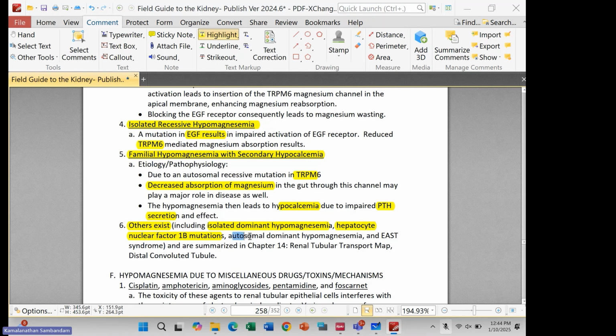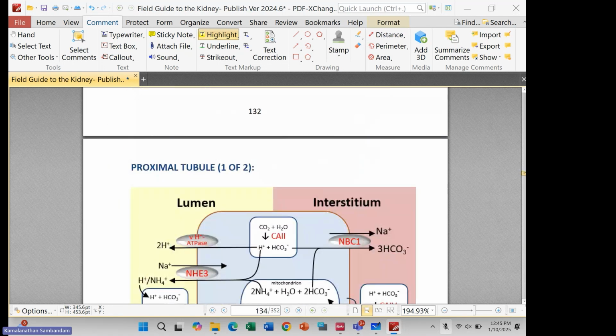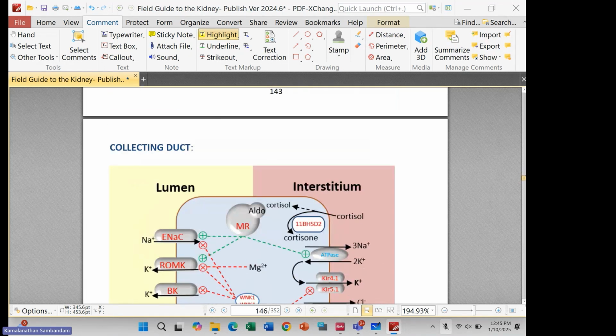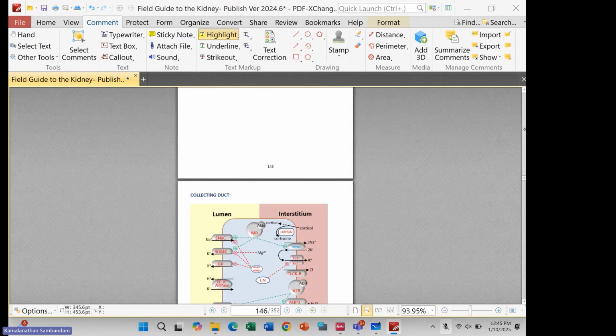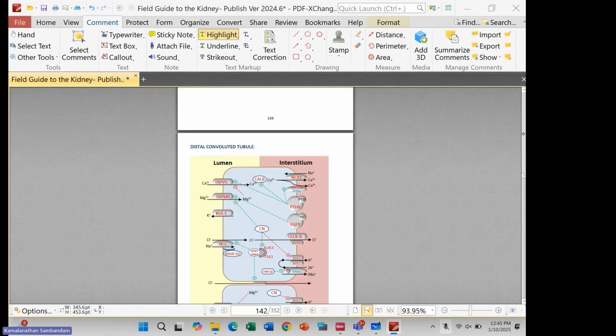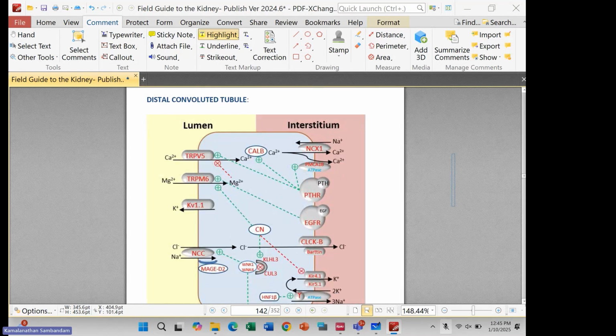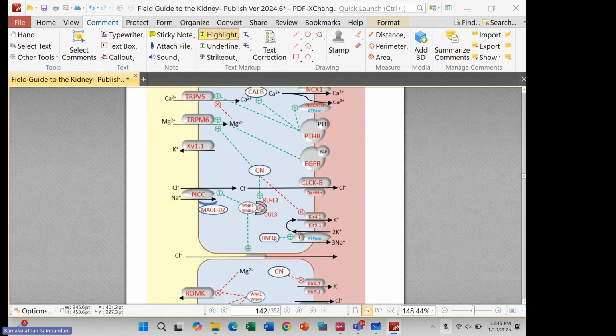Autosomal dominant hypomagnesemia, EAST syndrome, these are all other forms of magnesium deficiency grounded in the distal convoluted tubule and summarized in your tubular transport map. I'll just go over a few of these just to spur the conversation, right? Some of these are mutations in these inward rectifying potassium channels, right?